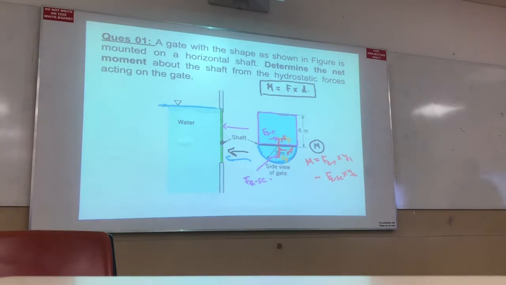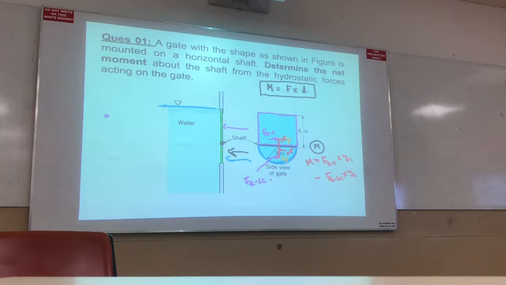Alright, this is the concept. Now I am going to find the values. I need the hydrostatic force for the rectangular shape, number 2, the hydrostatic force for the semicircular shape, number 3 is y1, number 4 is y2. Then the problem is solved.